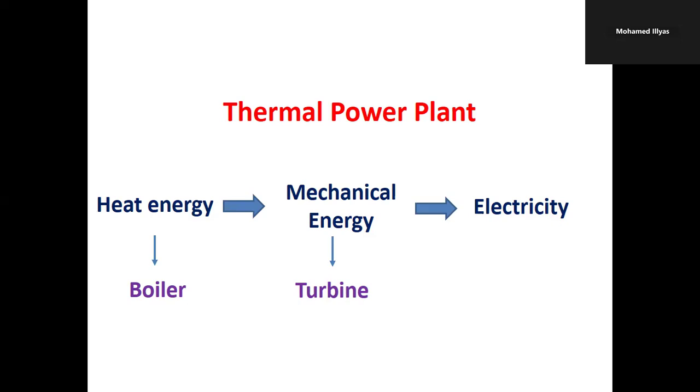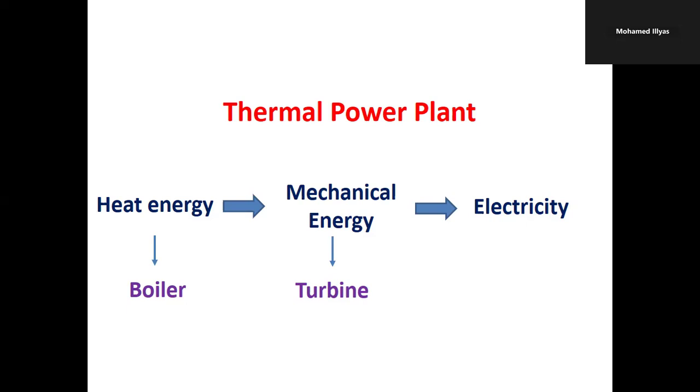That heat energy is converted into mechanical energy, the heat energy available in the water. That is in the form of steam. That will be converted into mechanical energy when it is expanded in the device called a turbine.